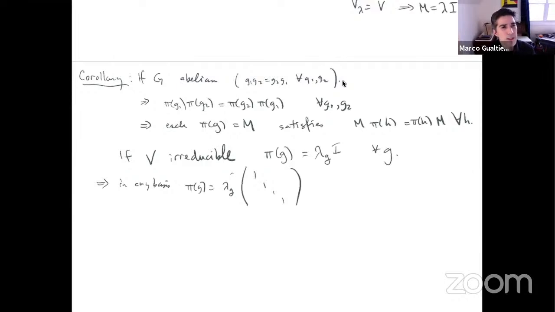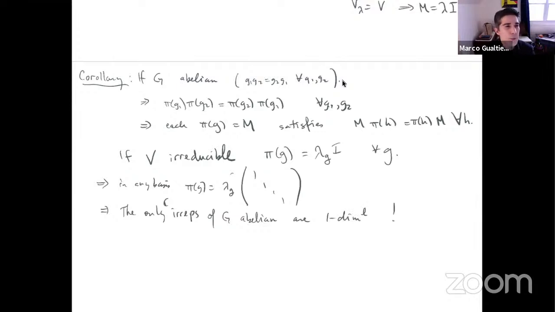So what does that mean? Well, that's not irreducible, because I can just take a direct sum along the diagonal. So this tells us that the only irreducible representations, the only complex irreps of G abelian, are one-dimensional.